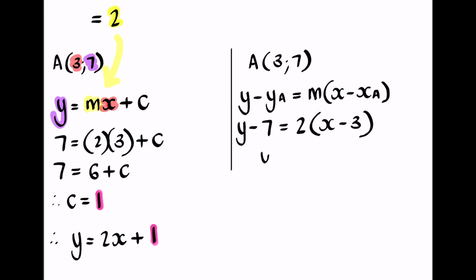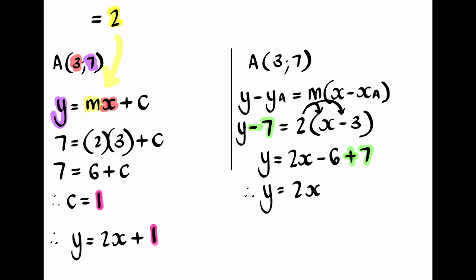I'm going to start by multiplying the 2 into the bracket. 2 times x is 2x. 2 times negative 3 is negative 6. And I'm going to take this negative 7 across, and it becomes positive 7. So y is equal to 2x minus 6 plus 7, which is plus 1. So you can see that either method results in the exact same answer.